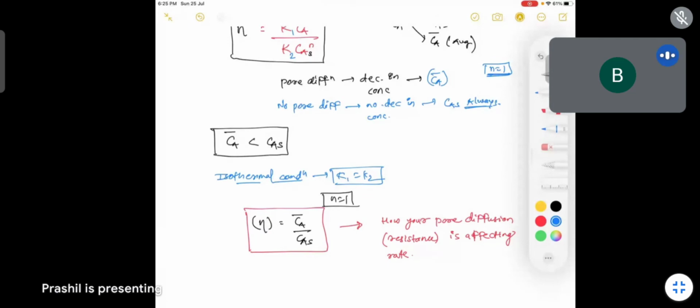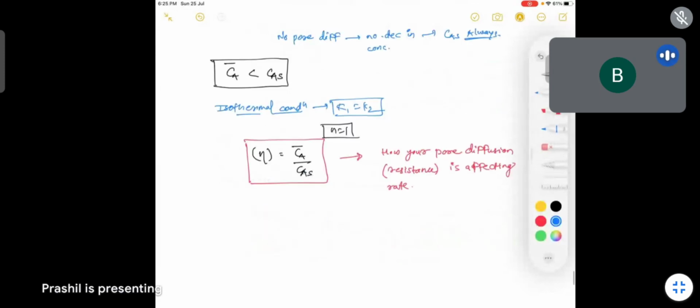Now for efficiency, we got this equation. I'm writing equation 1. So what we derived for average concentration in the previous class, we integrated it, right?